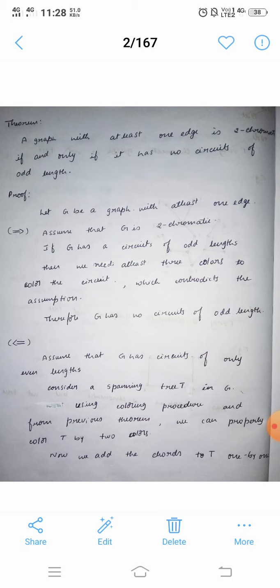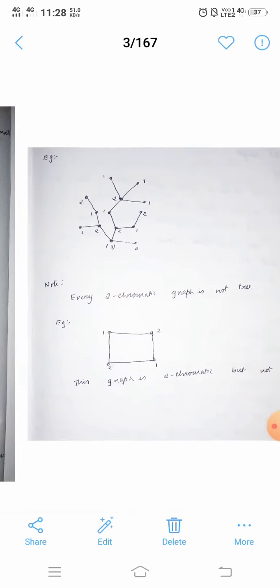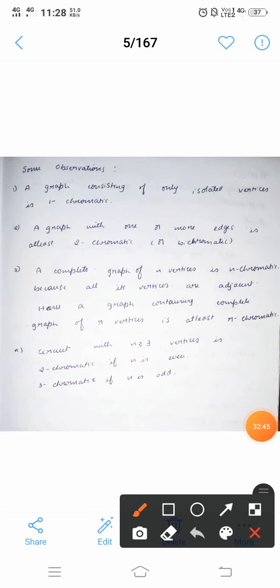Suppose there is a circuit of odd length. What happens then? Then we need at least three colors to color the circuit. Why? See here in the observation: a circuit with n greater than or equal to 3, if that n is odd, we need at least three colors, or that is a three chromatic graph.